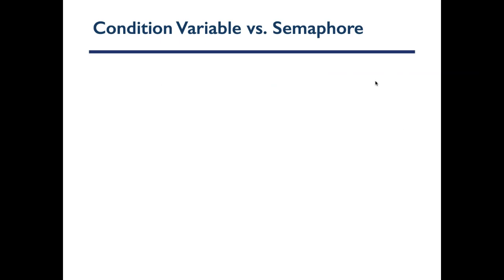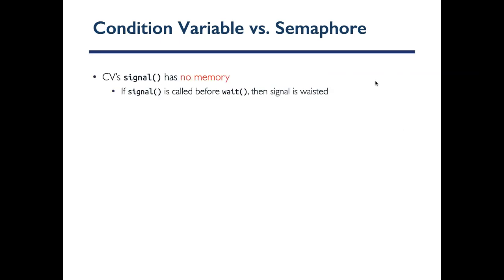Okay, now let's do a comparison between condition variables and semaphores. As we mentioned, semaphores have memory, so they memorize how many times P and V have been called, whereas a CV does not have memory in terms of the signal. So signals and broadcasts get lost if nobody is waiting. I repeat again, this is a very important point that is always asked in quizzes and exams.